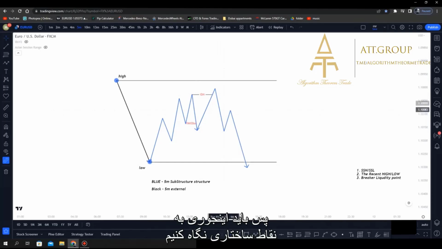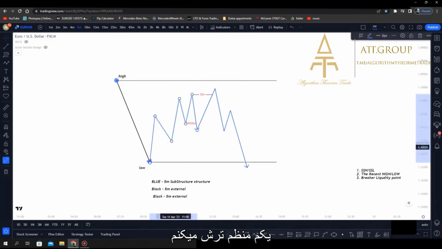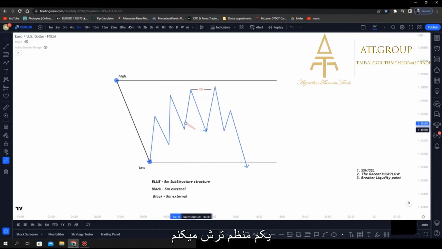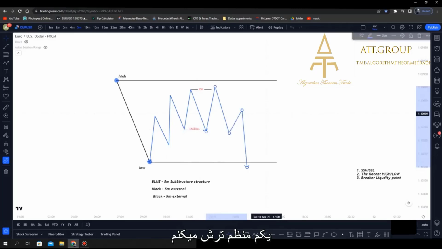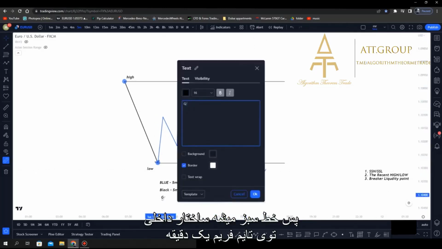So this is how you want to look at the structure points, and also we got internal structure, which I would make a little bit like this. Yeah, like this. So we got internal structure, green, 1 minute.